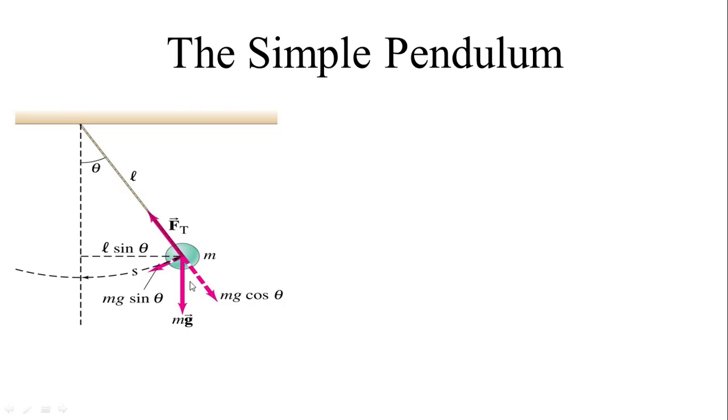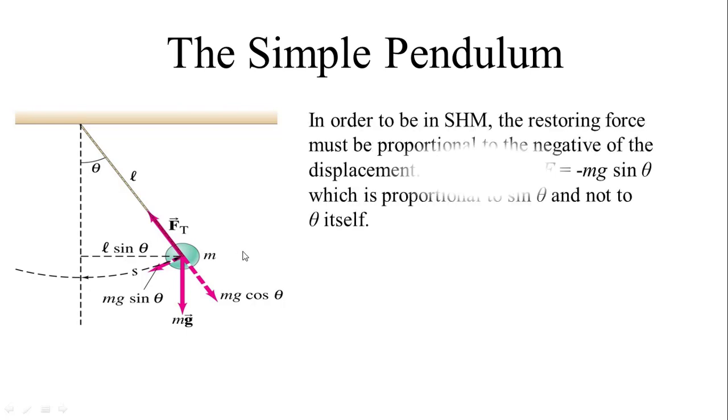But due to the restoring force mg sin theta toward the mean position, in order to obtain simple harmonic motion, the restoring force must be opposite to the displacement. Here the restoring force F is equal to minus mg sin theta, which is proportional to sin theta and not to theta itself.